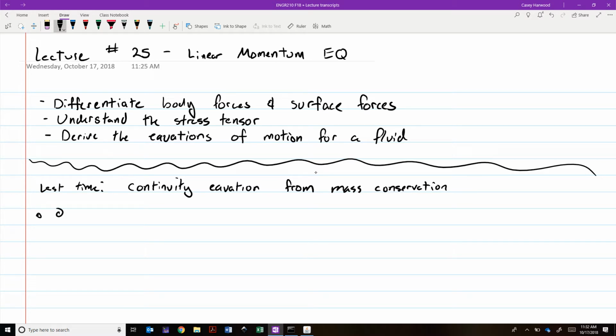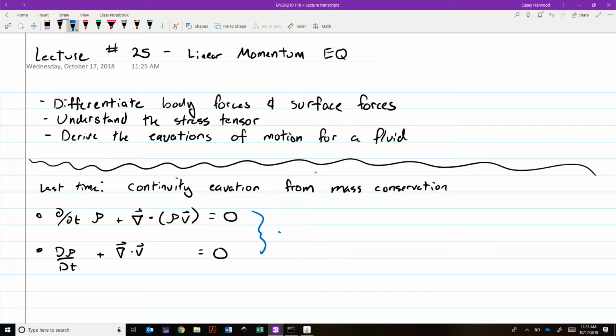The first was that d/dt of the density plus the gradient operator dotted with the product of density and velocity equals 0. The second was the material derivative of density plus the divergence of the velocity equals 0. And these two versions of the equation are exactly equivalent. It's just a matter of how you group the terms together.